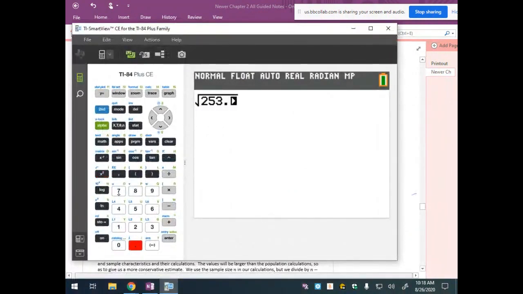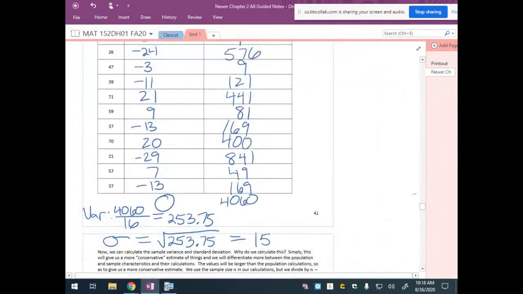We get 15, well, we'll call it 15.93. So there is our variance and our standard deviation. Now, we're going to do plenty of examples of this, so I'm not just going to say, good luck, have fun.